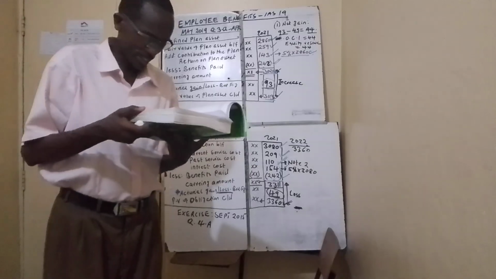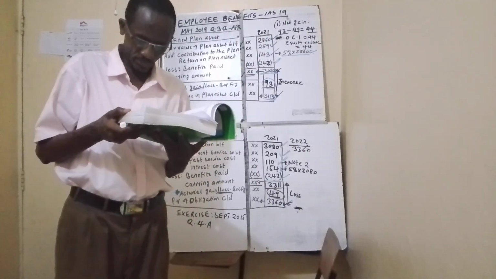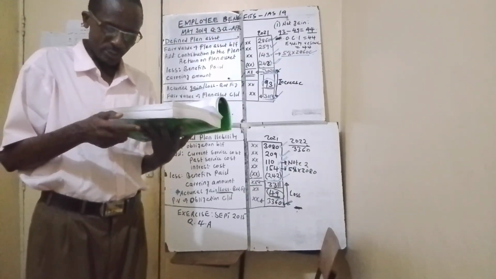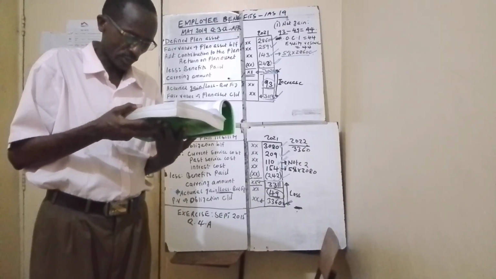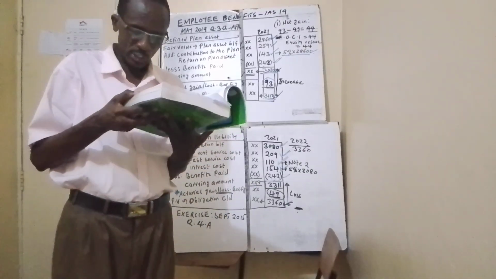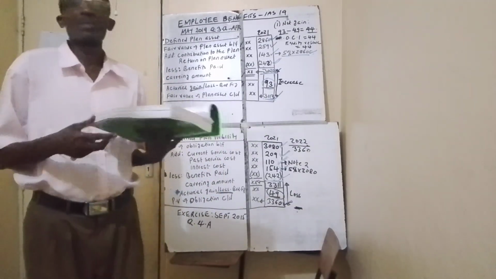Volta Limited operates a defined retirement benefit plan for its employees. On 1st January 2014, the fair value of the pension plan asset was shillings 2.6 million, and the present value of plan liabilities was shillings 2.9 million. So as I've told you, most of these figures will be provided.